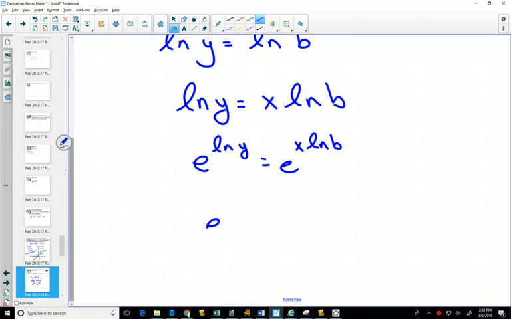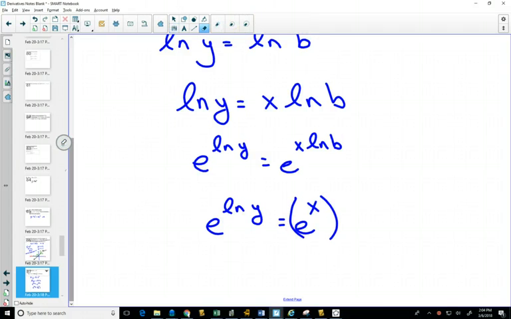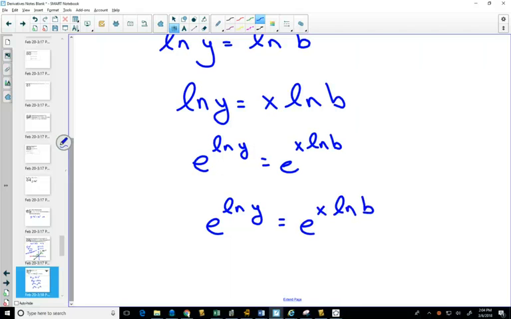Using my power rules, oh, no, that doesn't quite work. If I'm multiplying, it would be like, well, I'll just keep it like this because I like it like this. But on the left side, what is e to the natural log of y? It's just y.